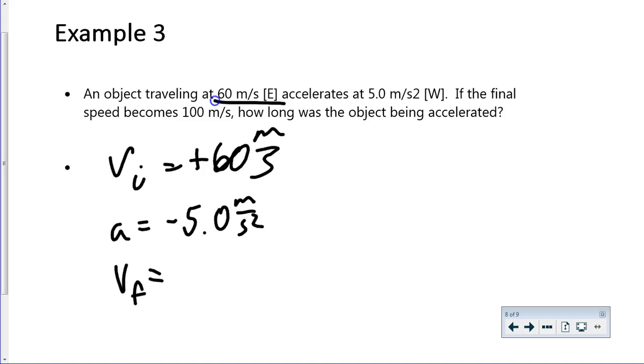Now, the fun with this one is we have to figure out what direction that 100 meters per second might be in. You're starting in a positive, and you're applying a negative acceleration. This means you're going to slow down, then eventually you're going to stop, then you're going to keep accelerating in the west direction.